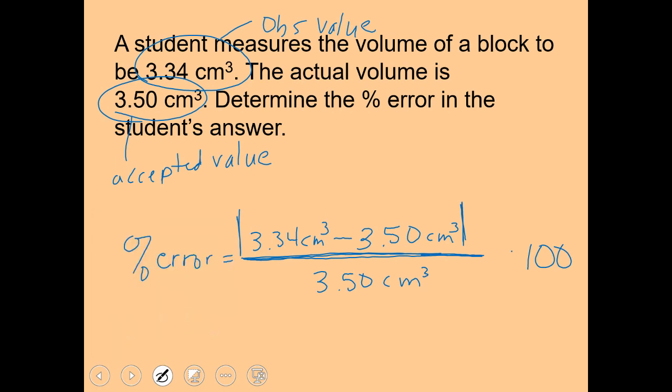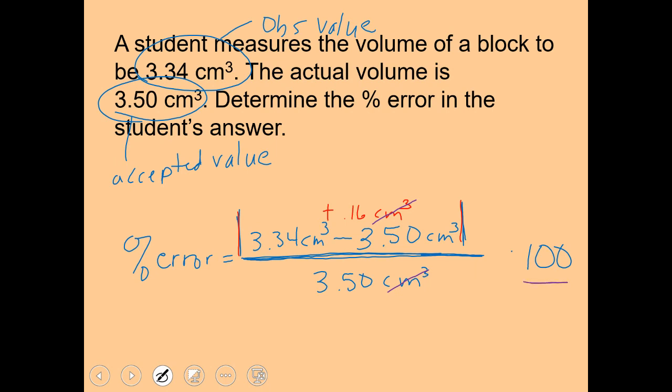If we take 3.34 minus 3.50, we get negative 0.16 centimeters cubed. Now, taking the absolute value of that is going to change the sign. Okay, see that? The centimeters cubed will divide out. To get your answer, you take the 0.16 divided by the 3.50 times 100.